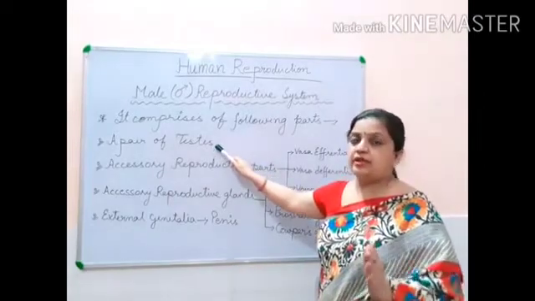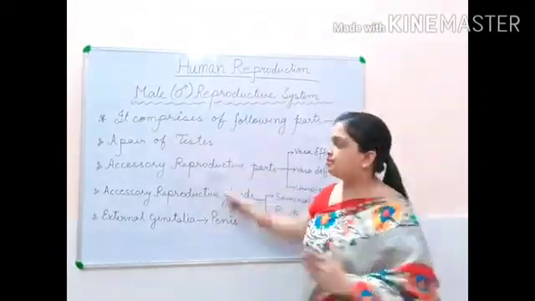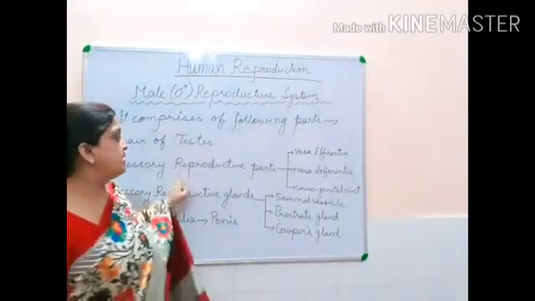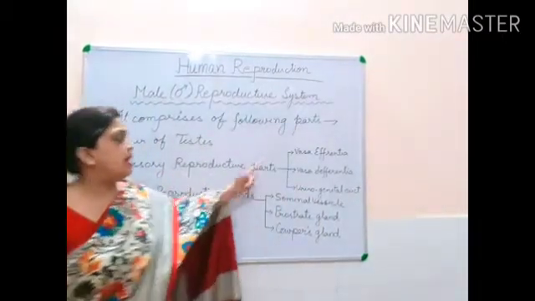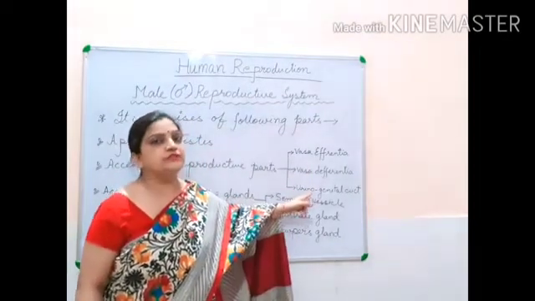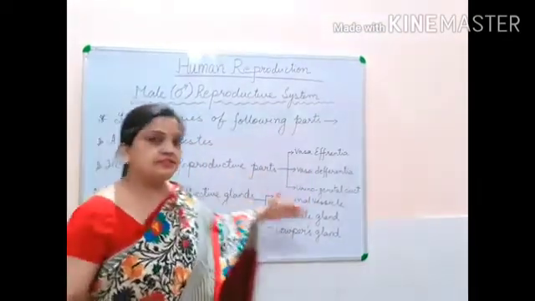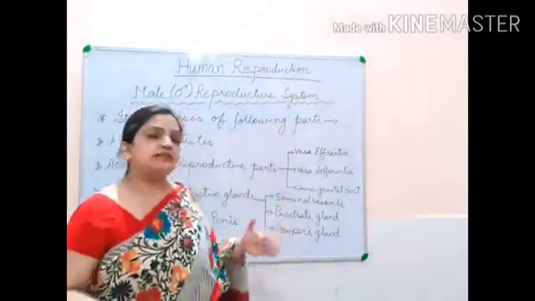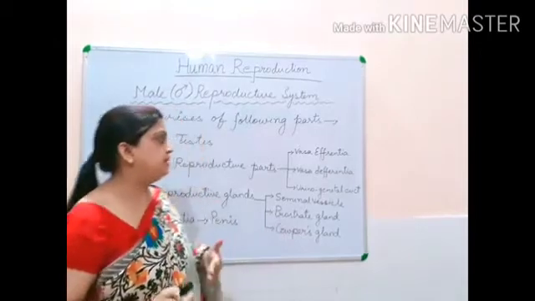Testes, it's okay, a pair of testes is present. But when we talk about accessory reproductive parts, these are made up of three different ducts, or three different tubes, three different pipes. In biology we call them duct. A duct is a pipeline structure.